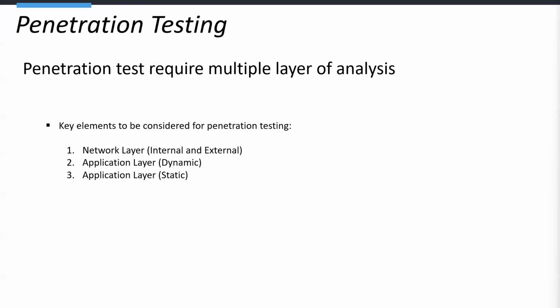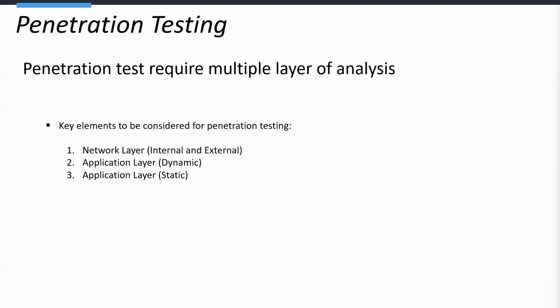The second is the dynamic application layer. This security testing can be thought of as testing the application from the outside in, by examining and manipulating the application in its running state in order to discover security vulnerabilities.